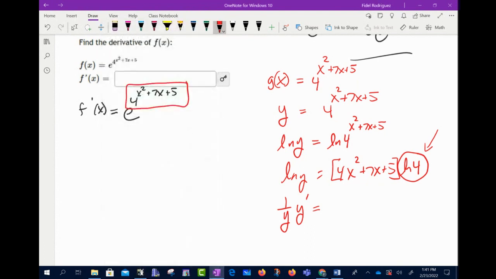So it's just a constant, okay? So we're going to take the derivative of each individual piece. The derivative of x squared, 8x. The derivative of 7x, 7. And I still have times the natural log of 4 because it's just a constant, right? It's just a value.